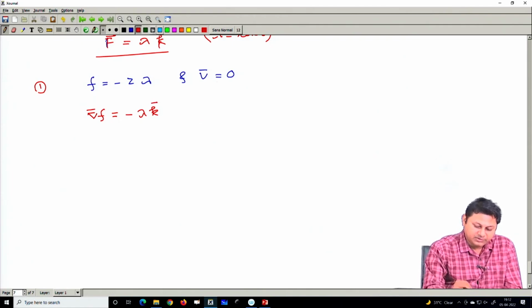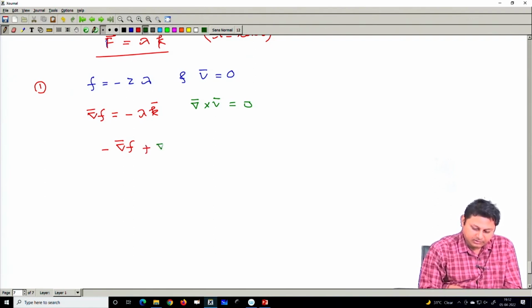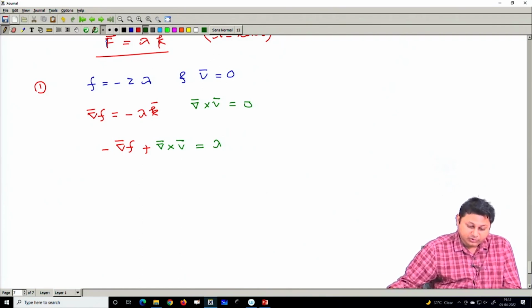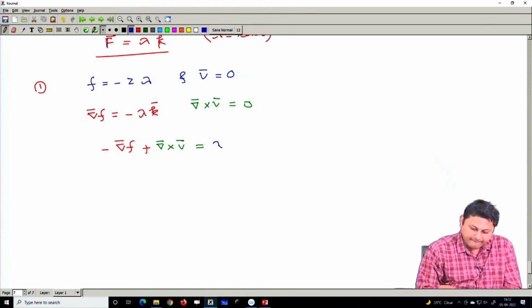If I want to find the curl of this quantity, curl of v, it will simply give me 0. So that means this with a negative sign plus this simply gives me lambda k, which is my given function f.